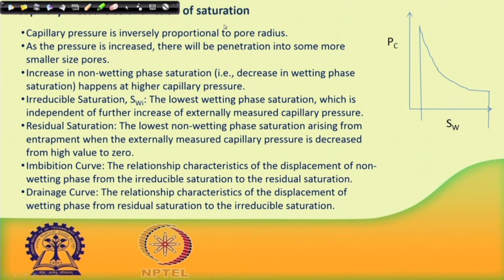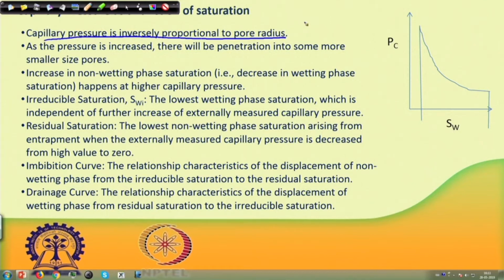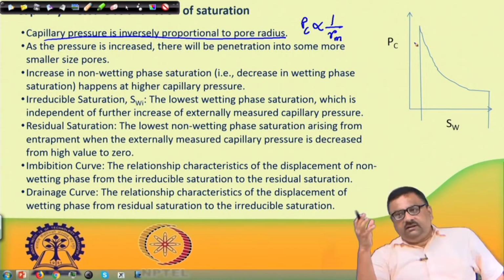Now, this capillary pressure we had talked about is basically inversely proportional to pore radius. This we have already seen, that P c is proportional to 1 by R m, which is the mean radius of curvature as far as the meniscus is concerned, and that is related to the radius of the capillary at that point.